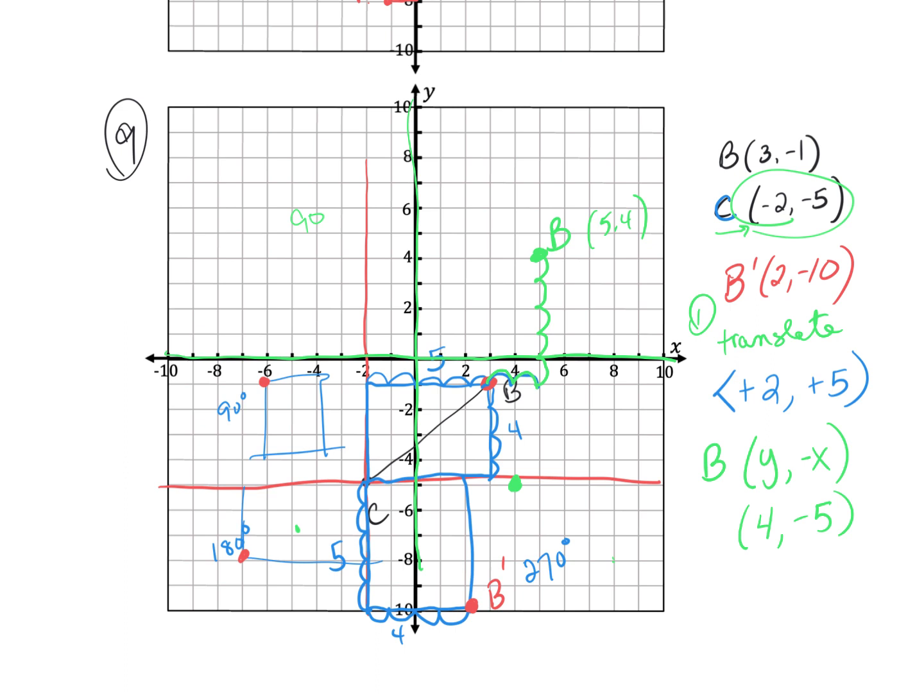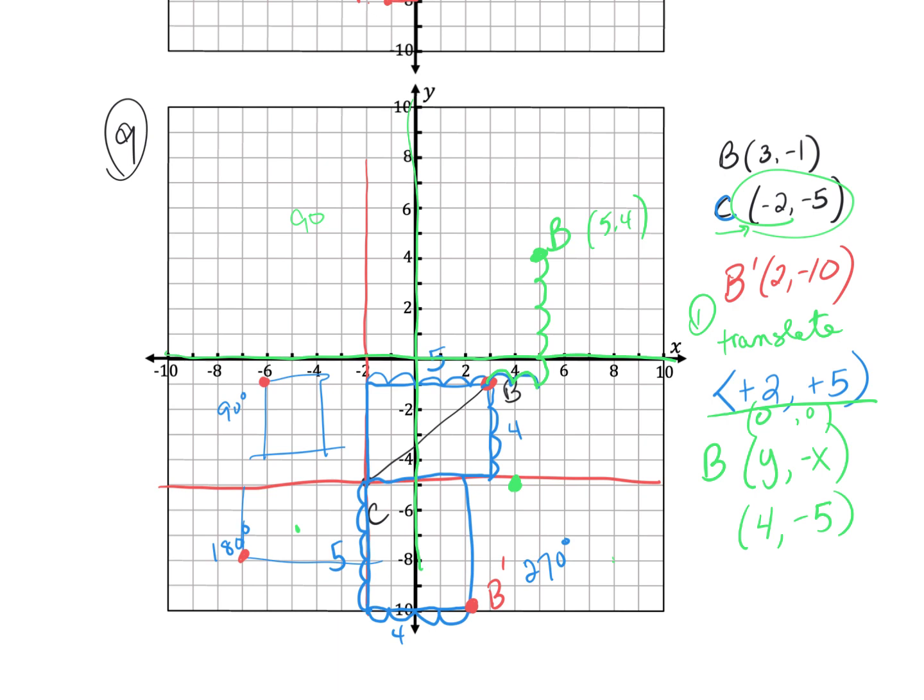Okay, because if you notice, -2 plus 2 gives me 0, and -5 plus 5 gives me 0. So that translation is allowing me to treat this new green point as if I'm rotating around the origin.